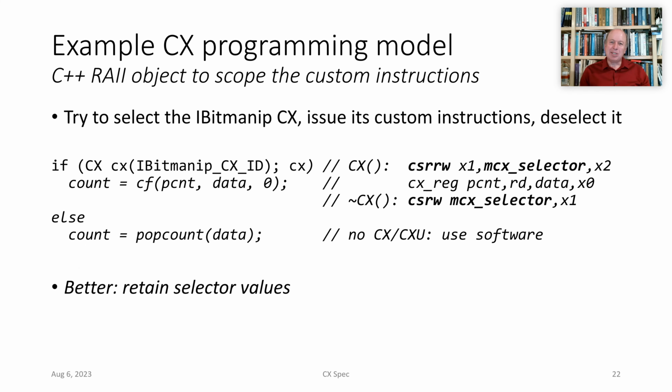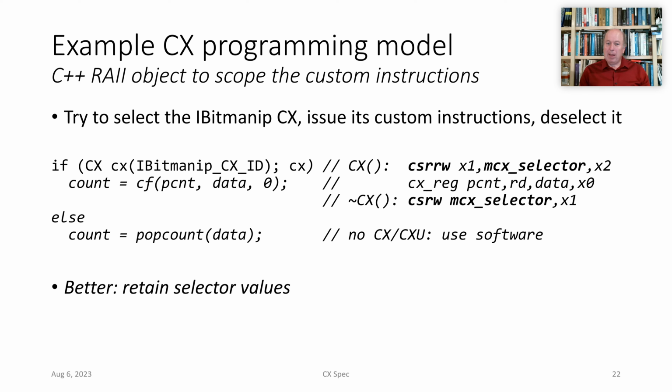Here's an example CX programming model. This is not particularly efficient, but it illustrates many of the features. Here again we use a C++ RAII, that's resource acquisition is initialization object, to scope the extension's custom instruction execution. This code discovers whether the ibitmanip extension identified by its GUID is configured in this system.